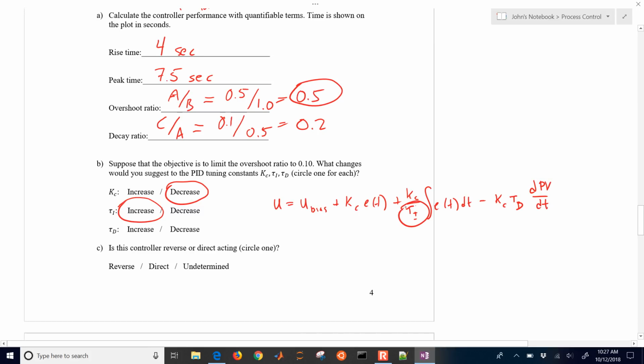So if we increase tau I, this whole term right here is going to get smaller. So we would want to increase tau I.